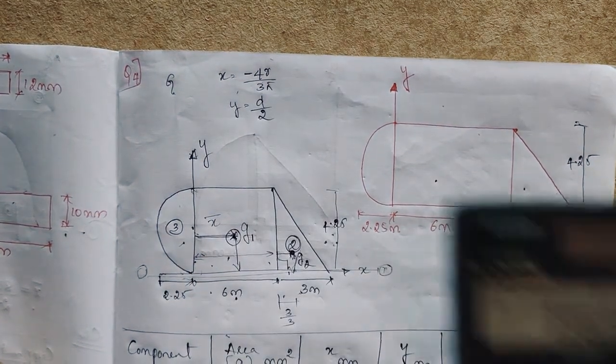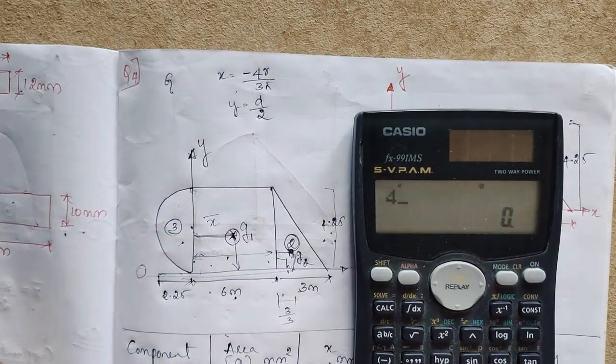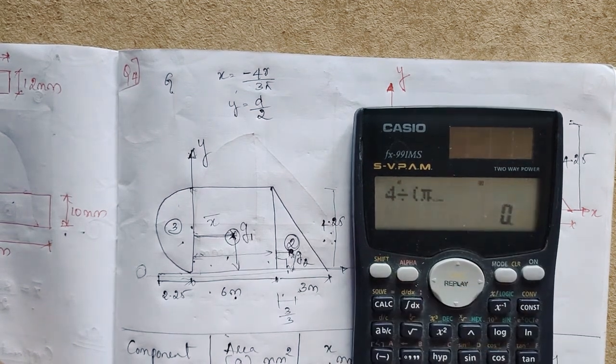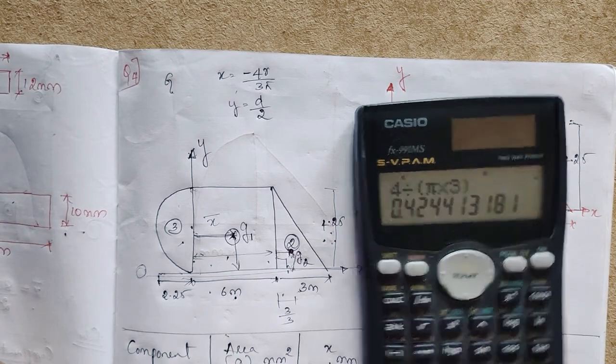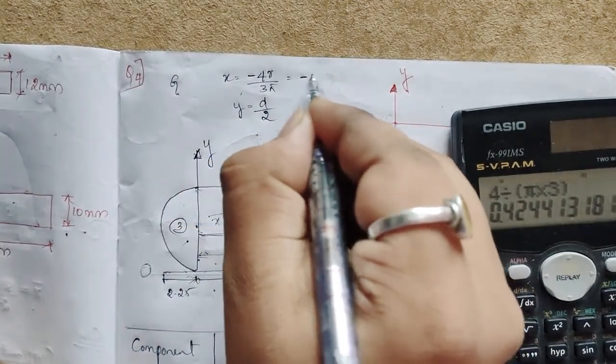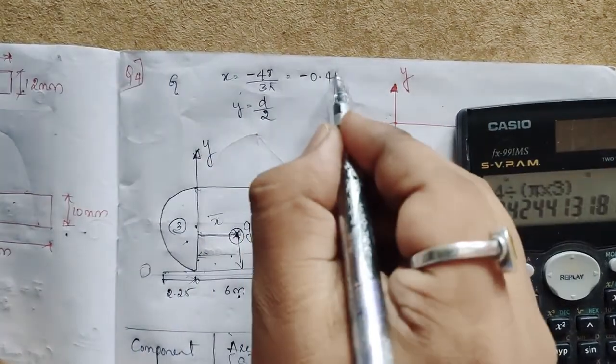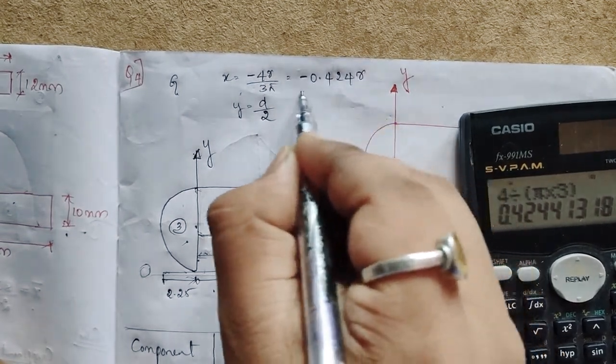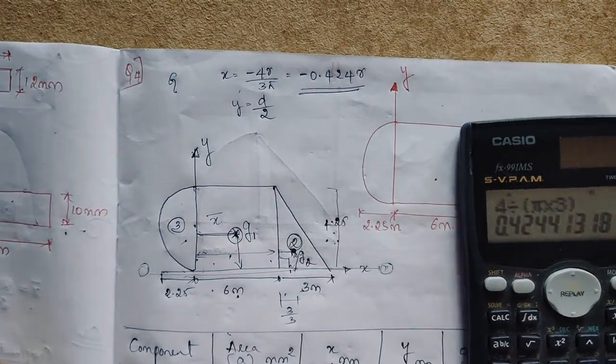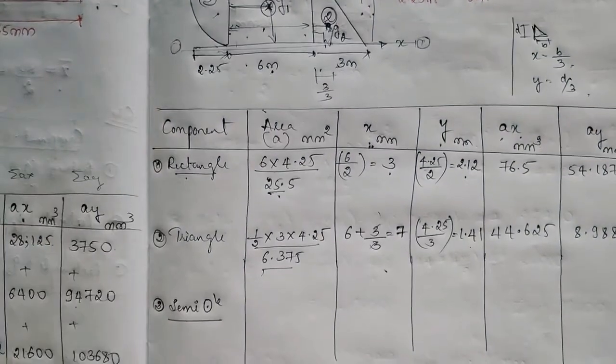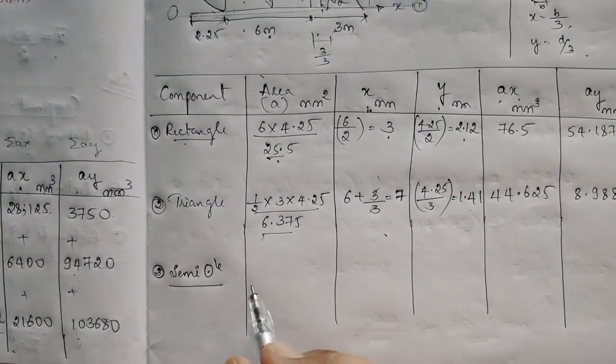This minus 4r by 3 pi, I can also write as 4 divided by pi into 3, that is nothing but minus 0.424 into r. I can write it this way also. Confusion should not be there, so I am dealing with it slowly.